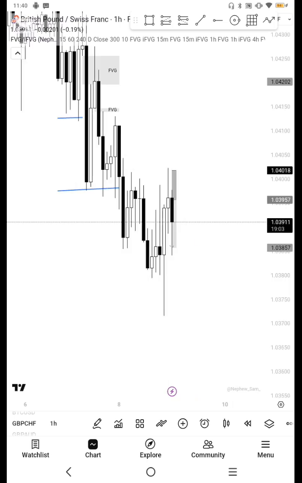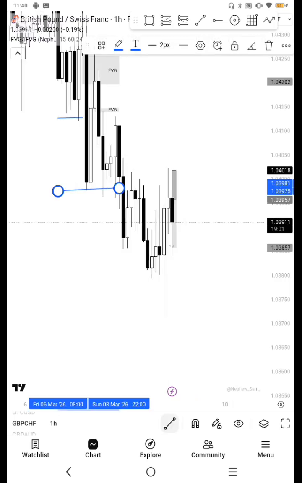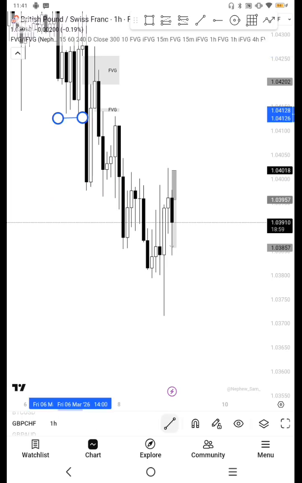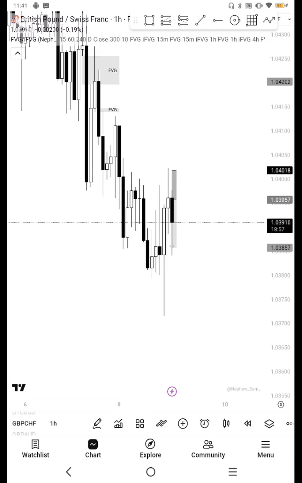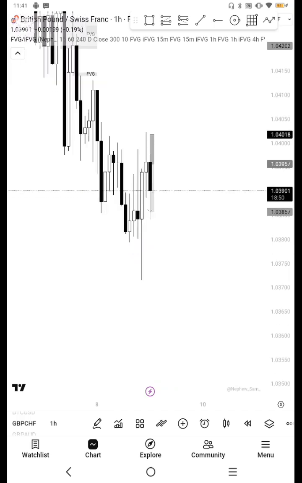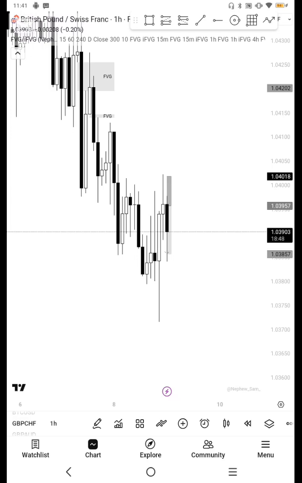But then again, I'm not interested in this one because they are far gone. What I'm mostly interested in is this most recent BOS here, right? At this area, these are the things I'm more interested in. Now, I mostly combine MSNR, CRT and SMC, right?